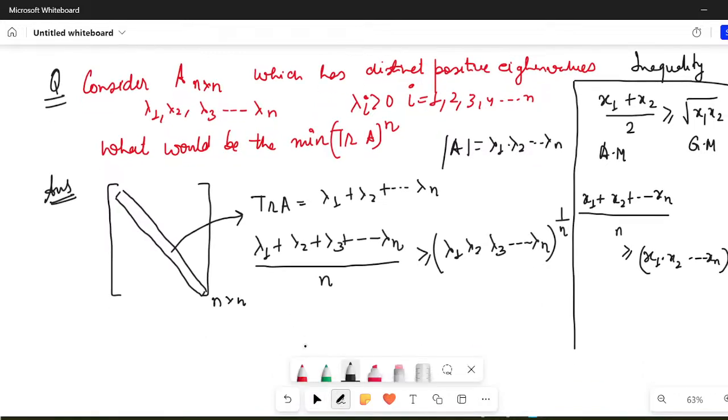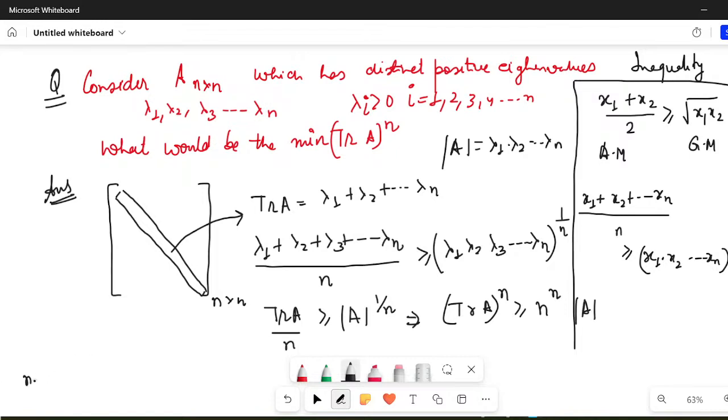I'm getting that trace A divided by n is always greater than or equal to determinant A raised to the power 1 over n. And from here, if I take the nth power on both sides, I can write trace A raised to the power n is always greater than or equal to n raised to the power n times determinant of A.